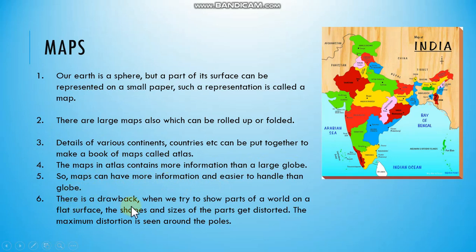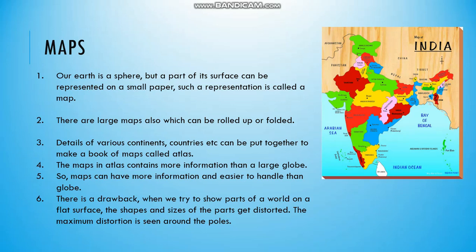There is a drawback when we try to show parts of a world on flat surface. The shapes and sizes of parts get distorted because world is actually spherical. It is not flat.